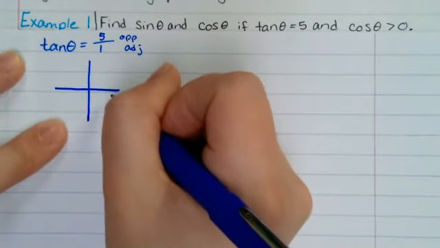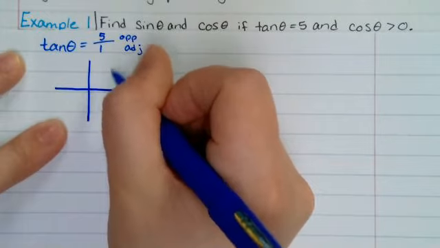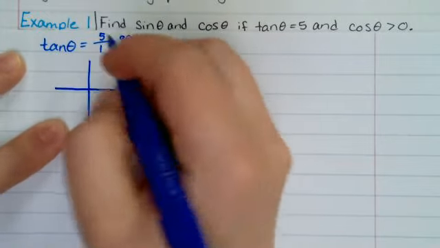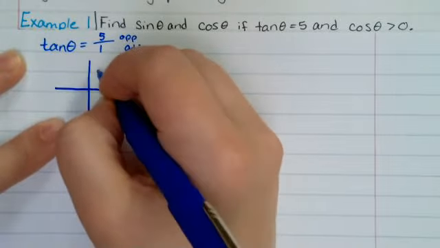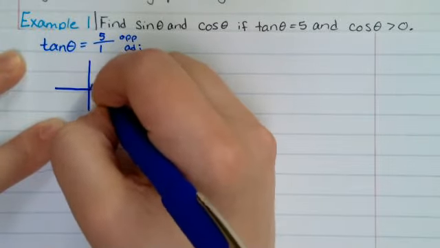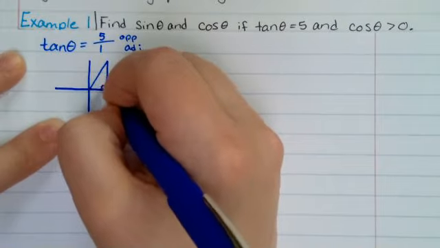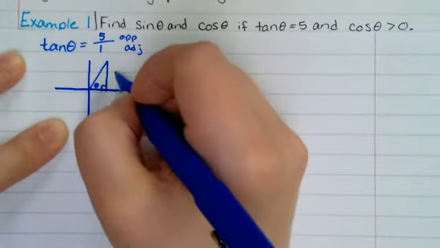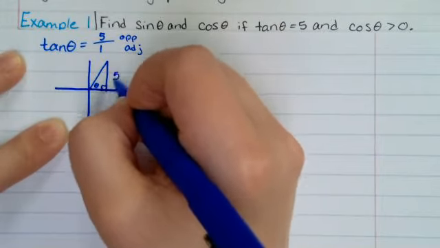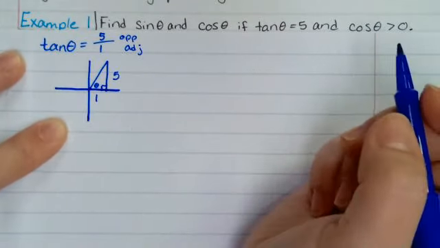If tangent is also positive, that means y would have been positive as well, so it's got to be over in here. Okay, now I'm not going to make this 100% perfect. I'm just going to draw a little triangle, make this be theta, and label it as opposite over adjacent, so 5 over 1 like that.